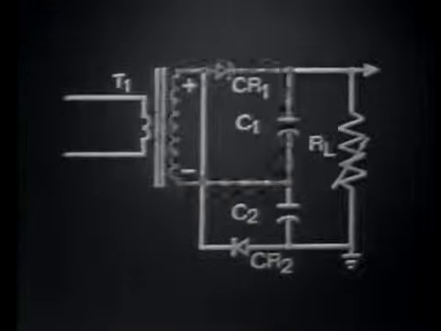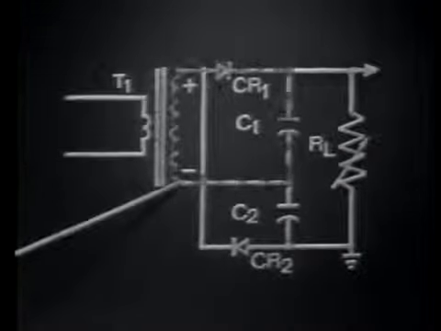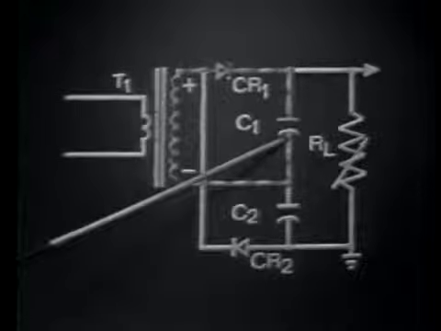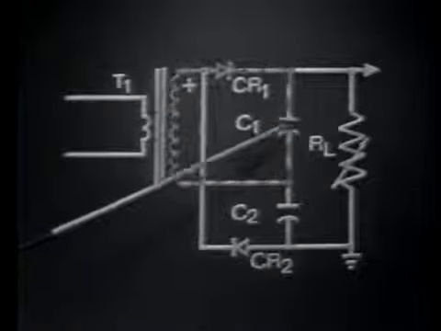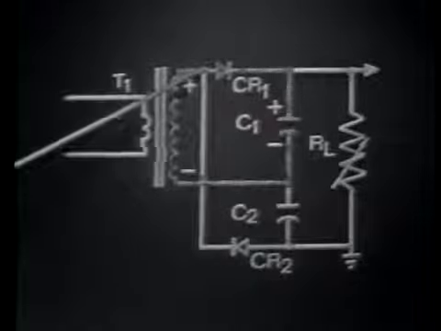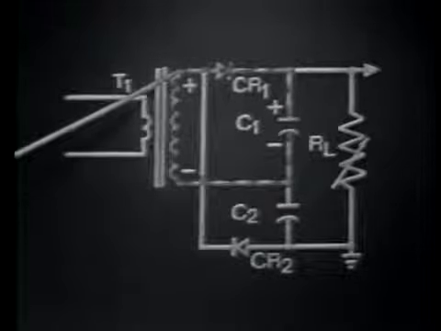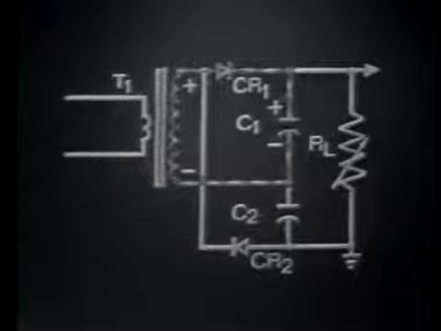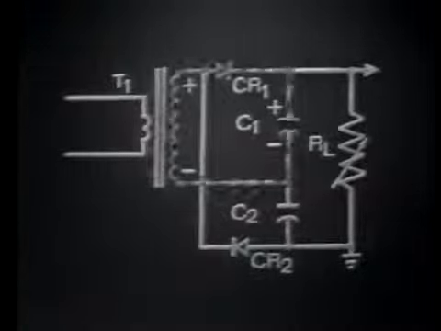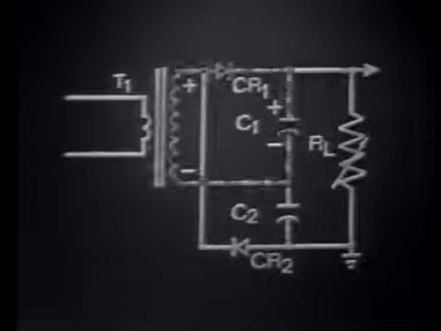Its conduction path is from the negative side of the transformer secondary across up through C1, charging C1 negative to positive. Now through the conducting diode CR1 back to the positive side of the transformer secondary. During conduction time, CR1 is effectively a short.